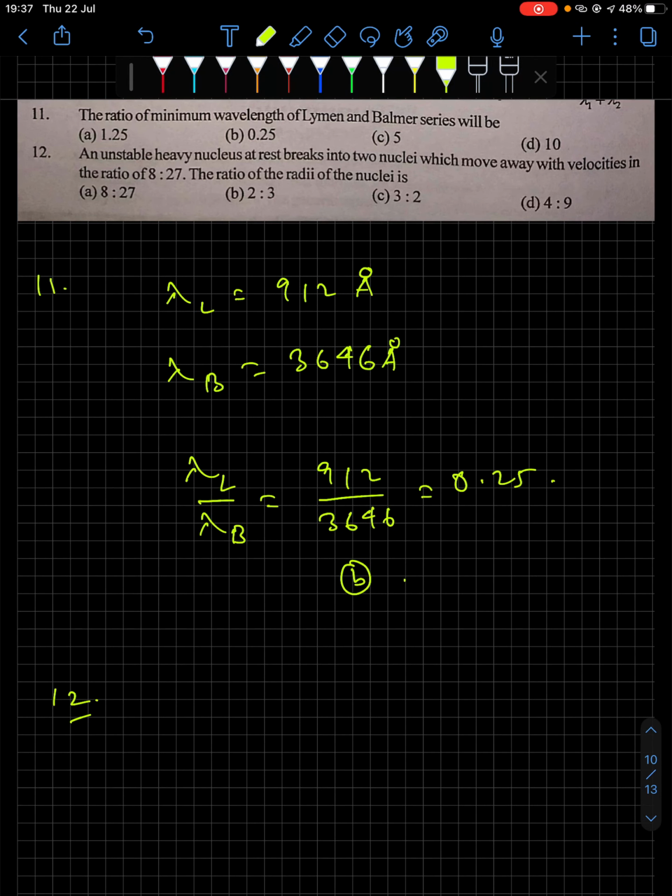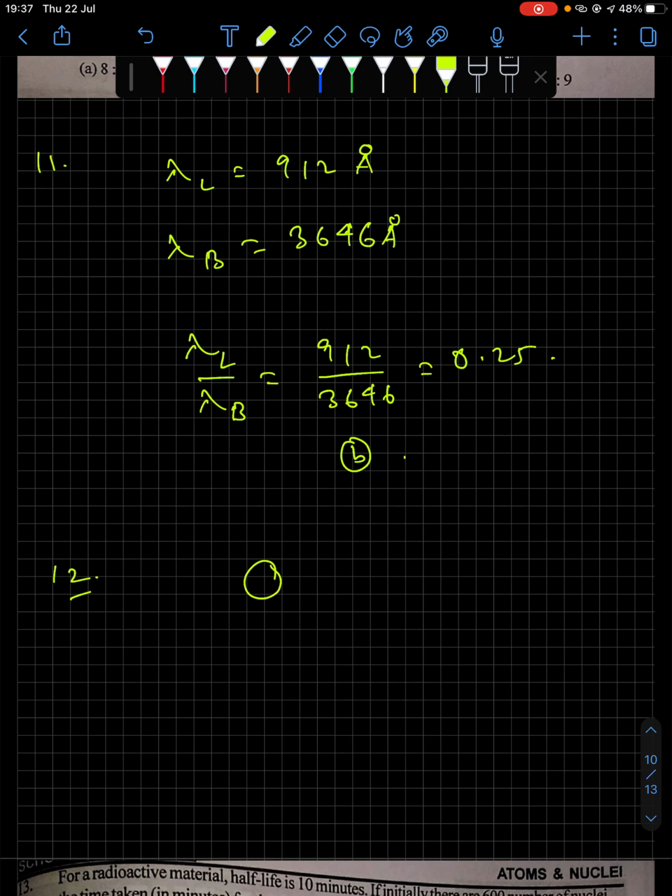An unstable heavy nucleus breaks into two nuclei which move away with velocities in ratio 8:27. The ratio of the radii of the nuclei is what? So you see, the nucleus was at rest previously, of course, and it broke into A1, A2, and the speed ratio is 8 by 27, right? So V1 is 8, then V2 is 27.